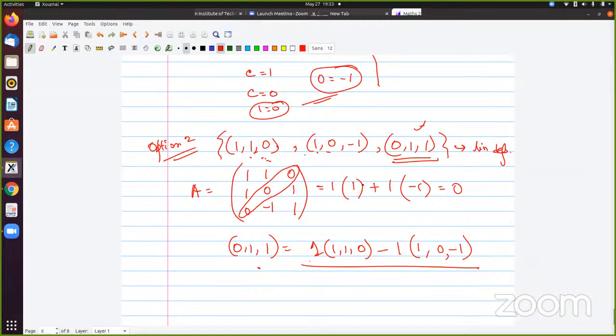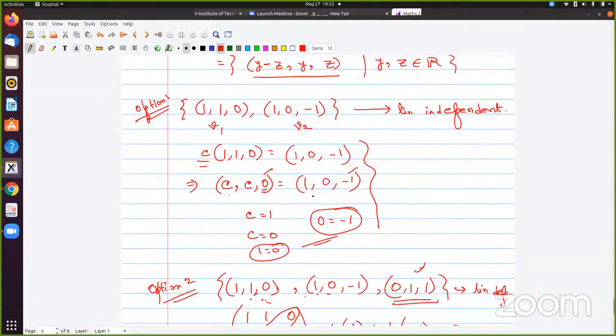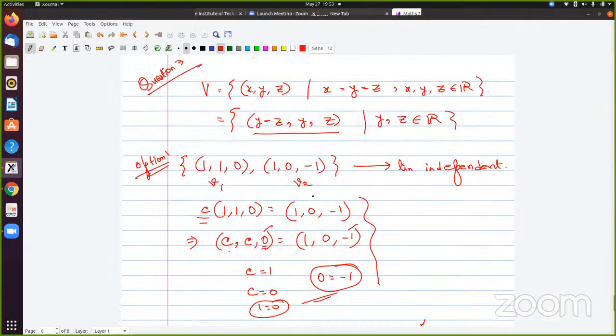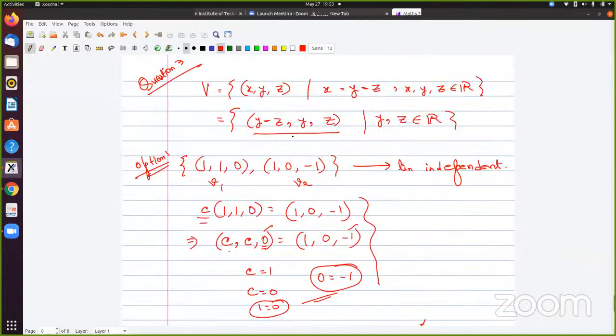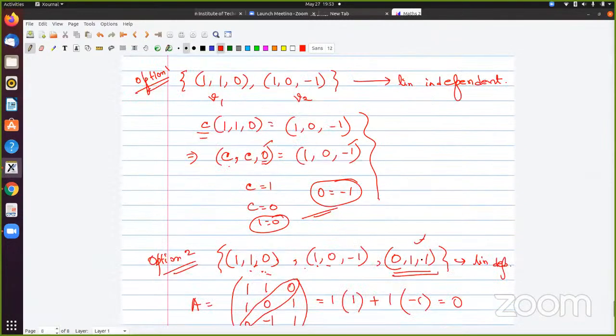Can you go above to the set representation you have shown? From that also we can say the last two vectors depend on the first, with y minus z, y comma z. No, this is the vector space.